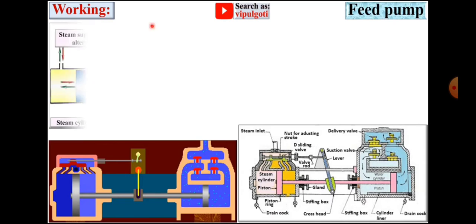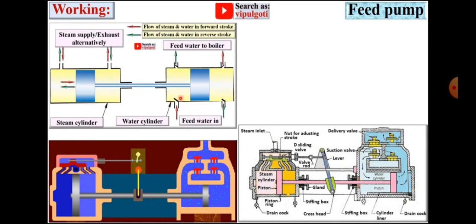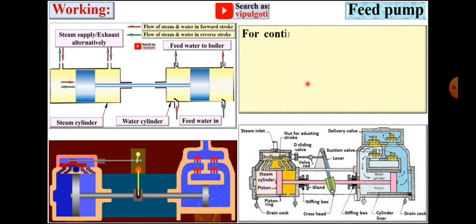Now let's see working of the feed pump. These three figures are the figures of the duplex double acting feed pump. But I have shown these three different diagrams to understand the working of the feed pump. So this figure you can use for the examination. These both figures are used to understand the working of the feed pump.